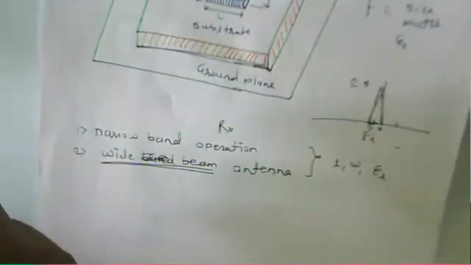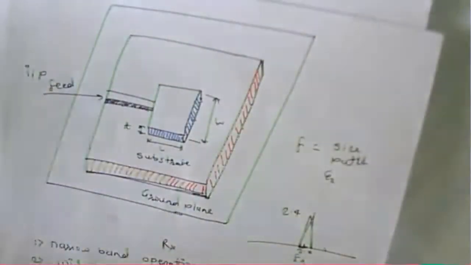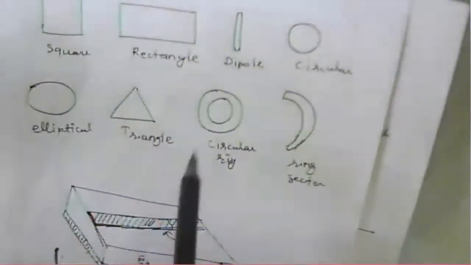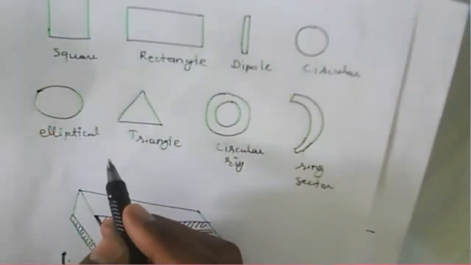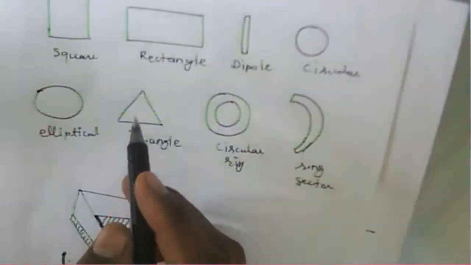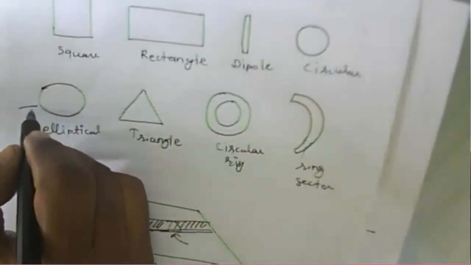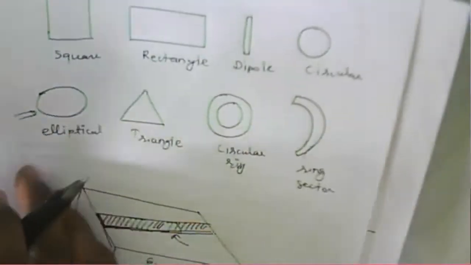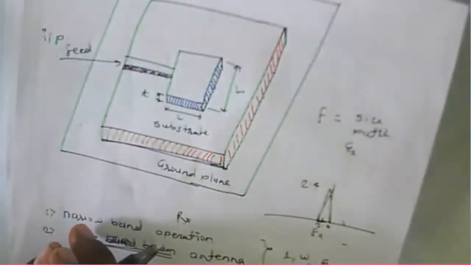But the thing is, for the given particular shape, we need to design a specific excitation, where we are providing the excitation for each and every antenna.